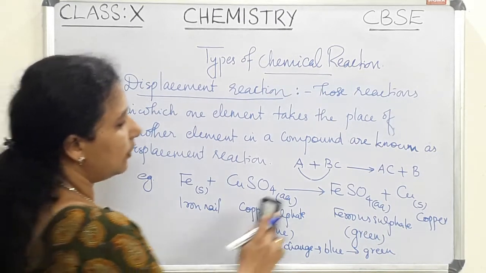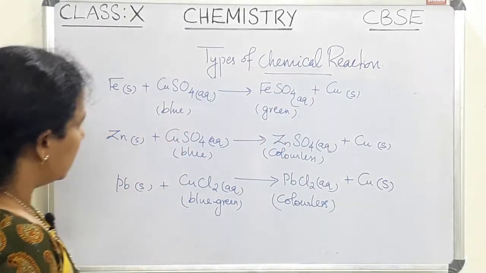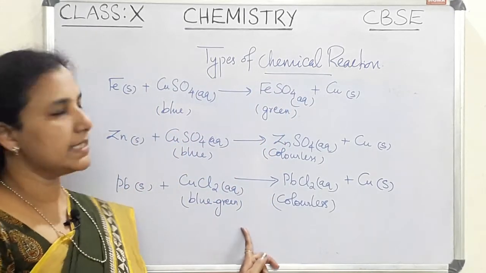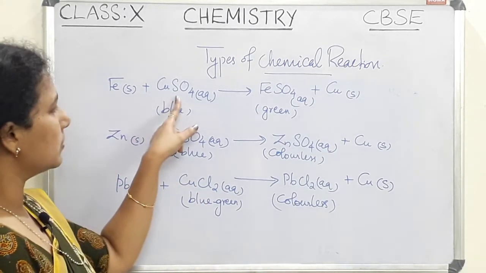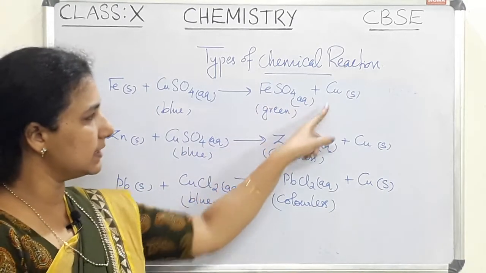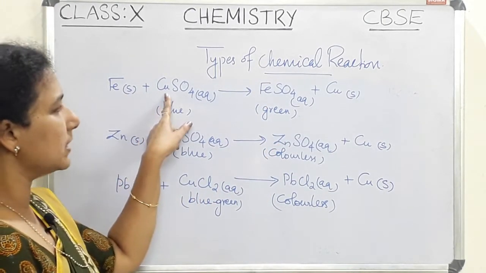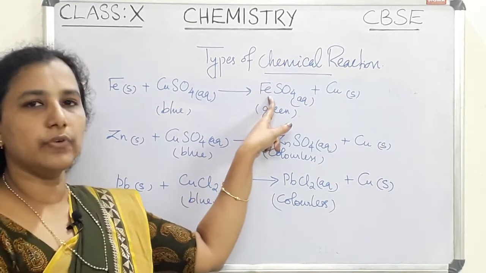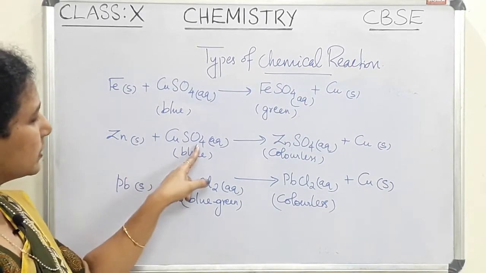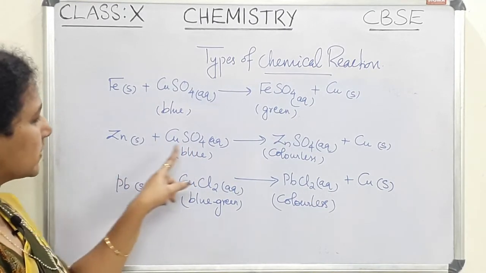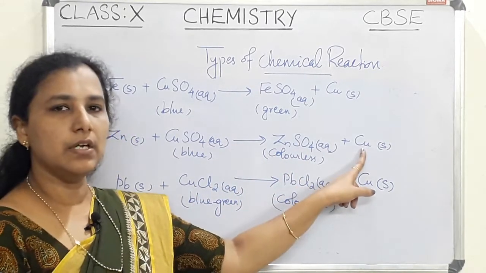So let us see some more examples. These are examples of displacement reaction. The first example we have already seen: Fe plus CuSO4 gives FeSO4 plus Cu, where Fe displaces copper from copper sulfate. Another example is Zn plus CuSO4. Zinc reacts with copper sulfate, produces zinc sulfate and copper.